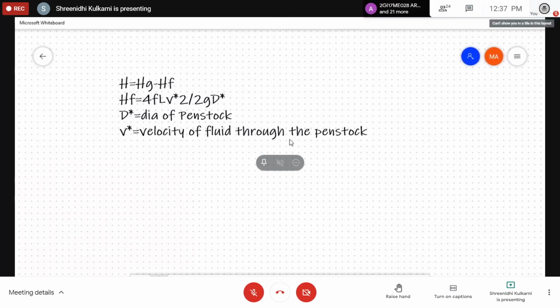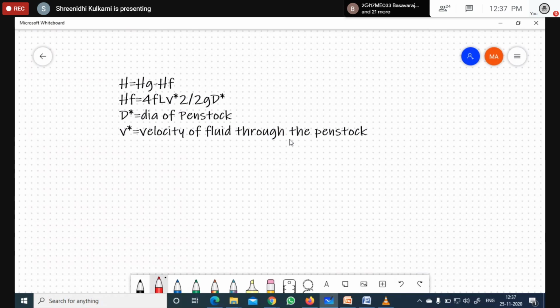This is very important. The velocity of fluid through the penstock, and D star is nothing but the diameter of the penstock. These two are very important while solving problems. Because if I just write 4FLV square by 2gD, which diameter?